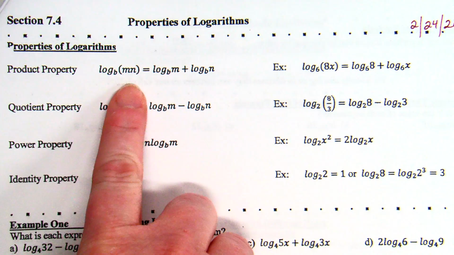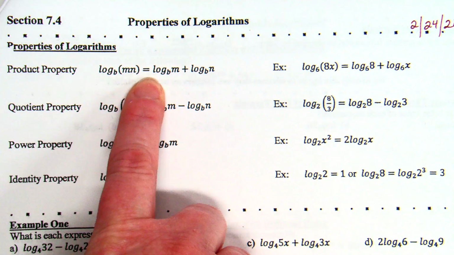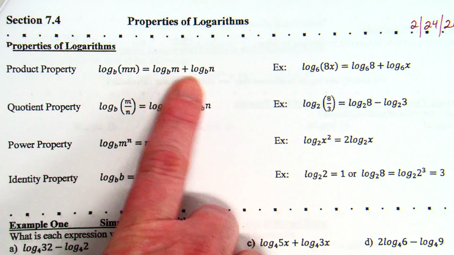Our product property says if you have a log where the insides are being multiplied, then it can be rewritten as two logs that are split up and added. Or you can think of it the other way. Two logs being added can be rewritten as one log where the insides are multiplied. Keeping in mind, this of course means that both logs involved have the same base.